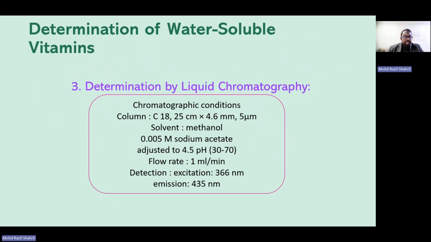The solvent is methanol and 0.005 molar sodium acetate buffer adjusted to pH 4.5, running at 1 ml per minute. The key difference here is the detection. We use fluorometric detection with an excitation wavelength of 366 nanometers and an emission wavelength of 435 nanometers.